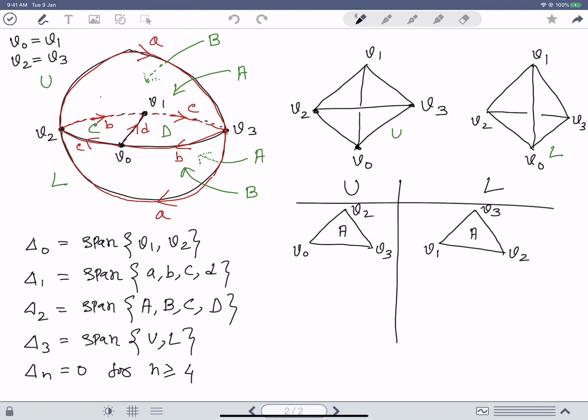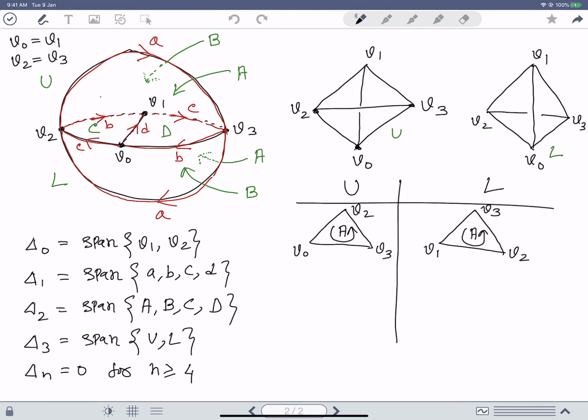So we have to stick with one orientation for A. Now we choose this orientation. Since we choose this orientation, here we have to stick with the same orientation, since this is just a copy of A. So this is the orientation in U and L.